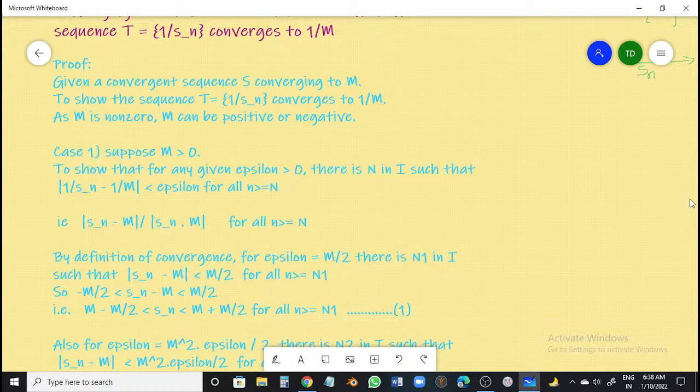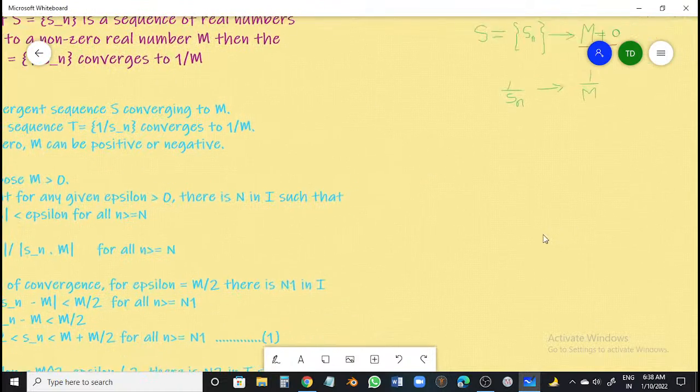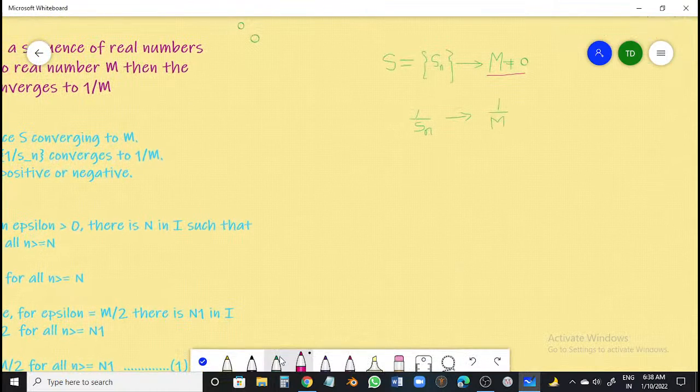So if I simplify 1 by Sn minus 1 by m, let us solve it.